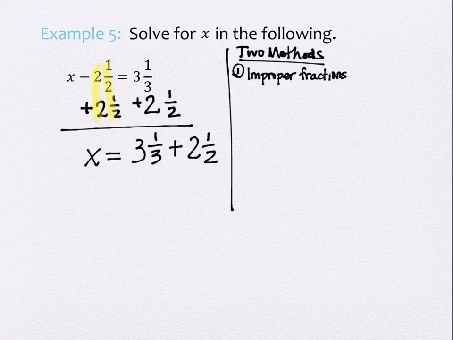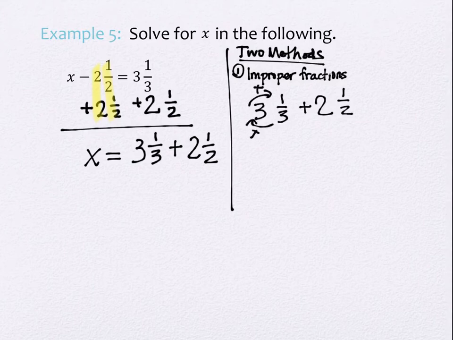So we're really just trying to add the number 3 1/3 plus 2 1/2, right? Improper fractions says I change both of these into improper fractions. So I multiply and I add. 3 times 3 is 9 plus 1 is 10, so I have 10/3 here. Over here, 2 times 2 is 4 plus 1 is 5, so then I have 5 over 2.